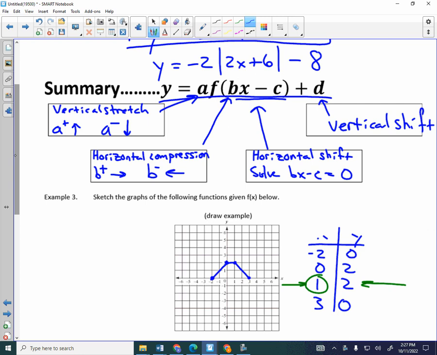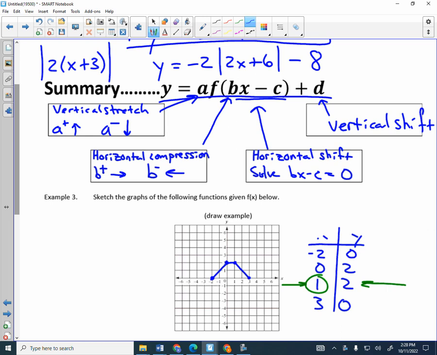Now that's a little bit different than what we've talked about before, but I just want to be clear that when you start putting a number in front here, you could factor that 2x plus 6. I'm just going to look at that part. You could factor it as 2 times x plus 3. So if you factor like that, what's the shift going to be? Left 3. Everybody see that?